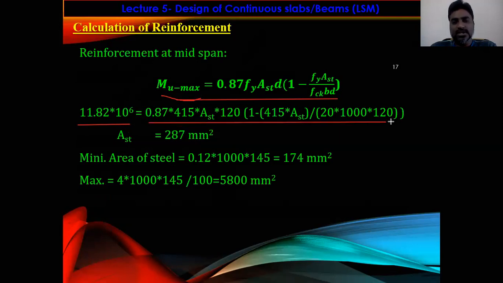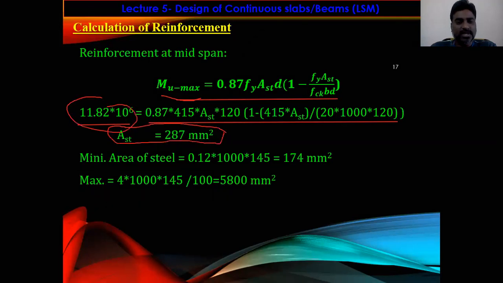And if we solve this equation by substituting the values, we get the area of steel required to resist this much of bending moment is 287 mm square.